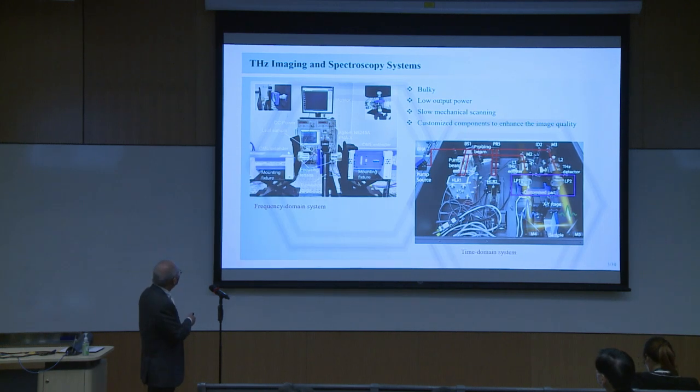In this particular setup, the frequency range is 220 gigahertz to 325 gigahertz, and each pair of these modules costs 2 million Hong Kong dollars. So if we were to cover the frequency range from 0.1 terahertz to 1 terahertz, it would cost 10 million Hong Kong dollars. And similarly, this is a time domain system.